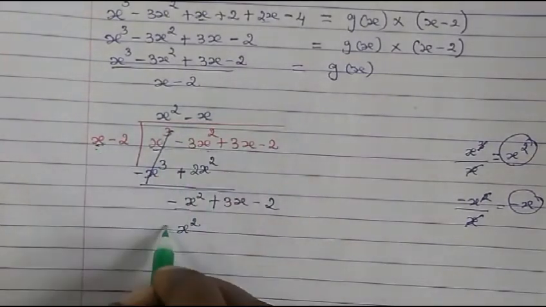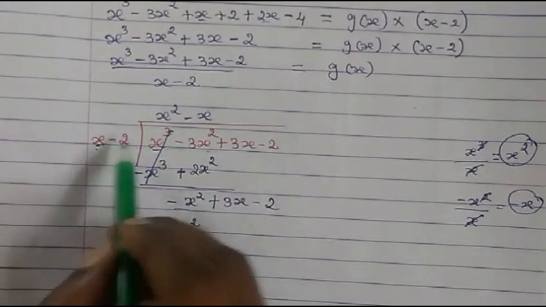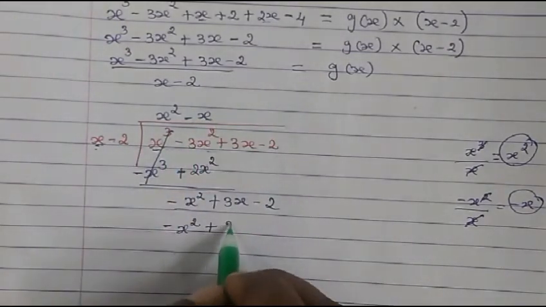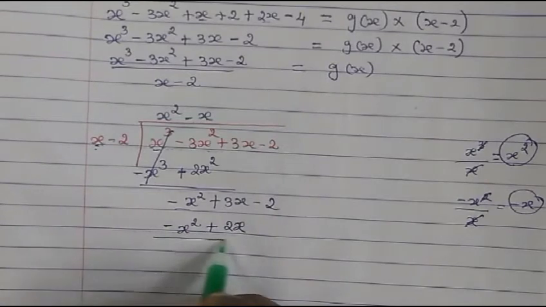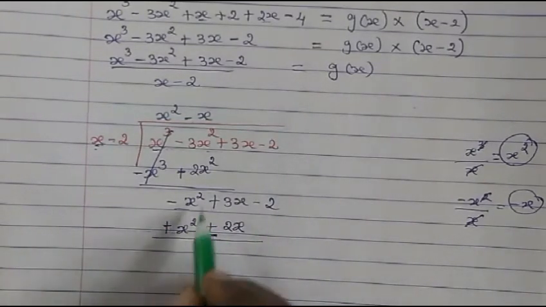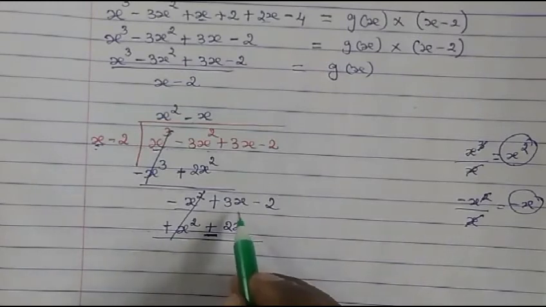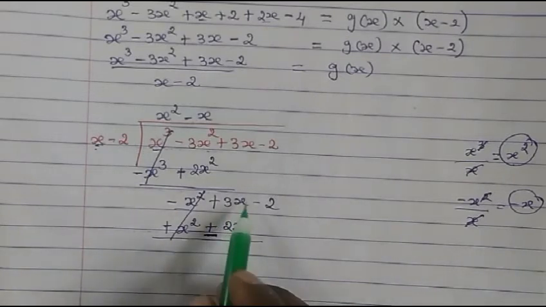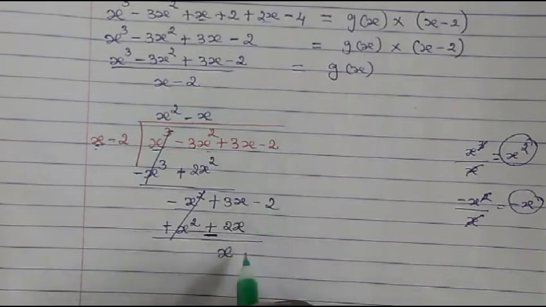Here we have minus, then minus into minus will become plus. 2 into x will give us 2x. Change the sign. This will become plus, this will become minus. So this gets cancelled. So we have plus 3x minus 2x. The biggest number is plus, so we will have plus. From 3x, 2x goes, then we will get 1x. Then this minus 2 will come down.